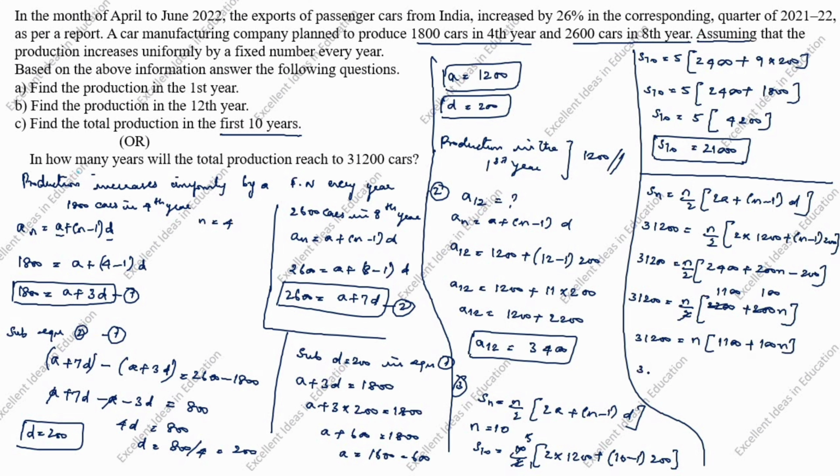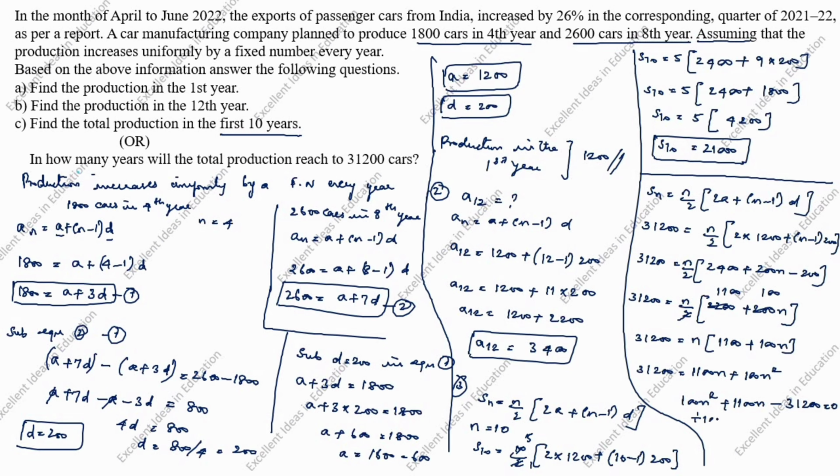Next step, 31,200 equal to multiply inside the bracket, n into 1100 is 1100n plus n into 100n is 100n square. Next, 100n square plus 1100n minus 31,200 equal to 0.